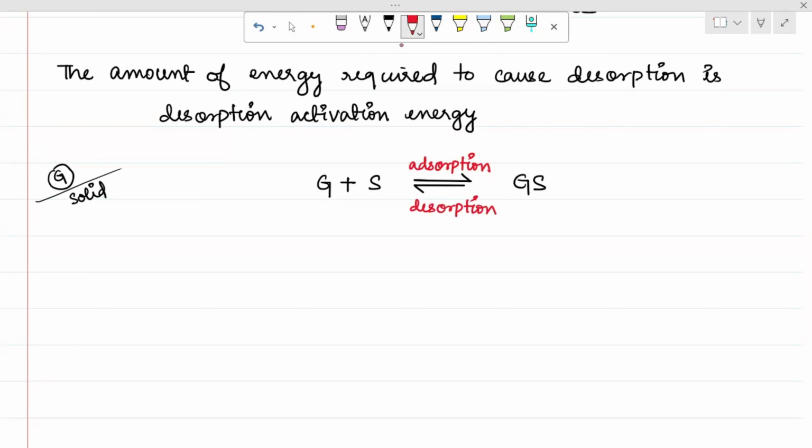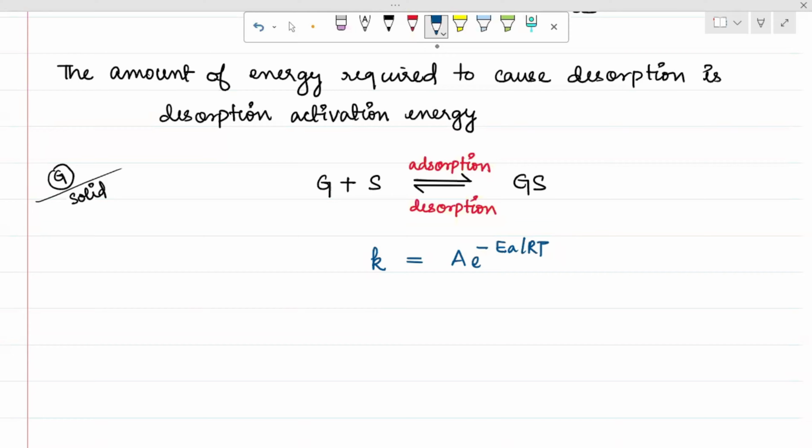We have already learned kinetics, and I can attach the kinetics playlist in the description box. There we learned the Arrhenius equation, from which we know that K is equal to A e to the power minus EA by RT.